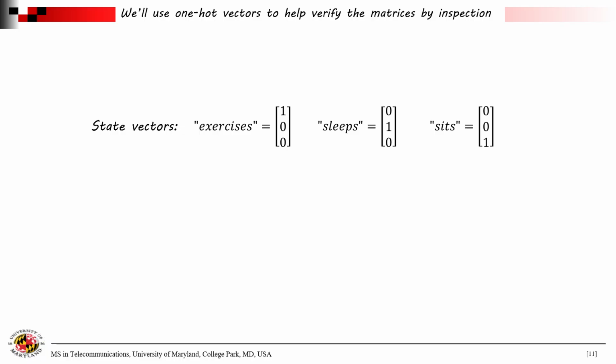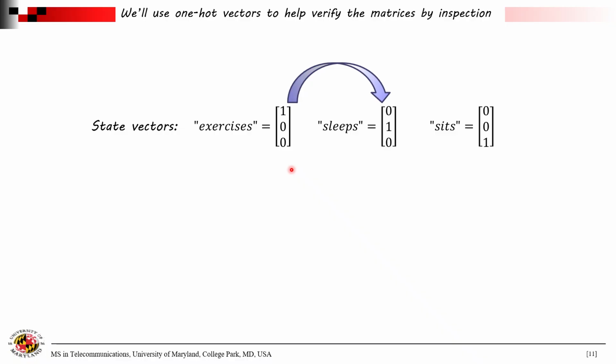The verbs that complete the sentence are either Alice exercises, which we represent as 1, 0, 0, or Alice sleeps, which we represent as 0, 1, 0, or Alice sits, which is 0, 0, 1.